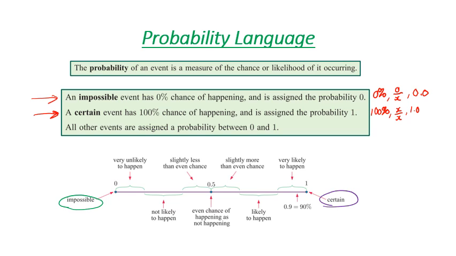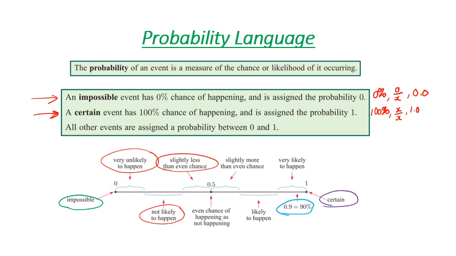Now everything else in between is going to be given a decimal number between 0 and 1, or a fraction or a percentage. As an example, we can see here, at very likely to happen, we've got 0.9 on our probability line, but we've also got 90%. And the words on this line: very unlikely, not likely, slightly less than even chance.